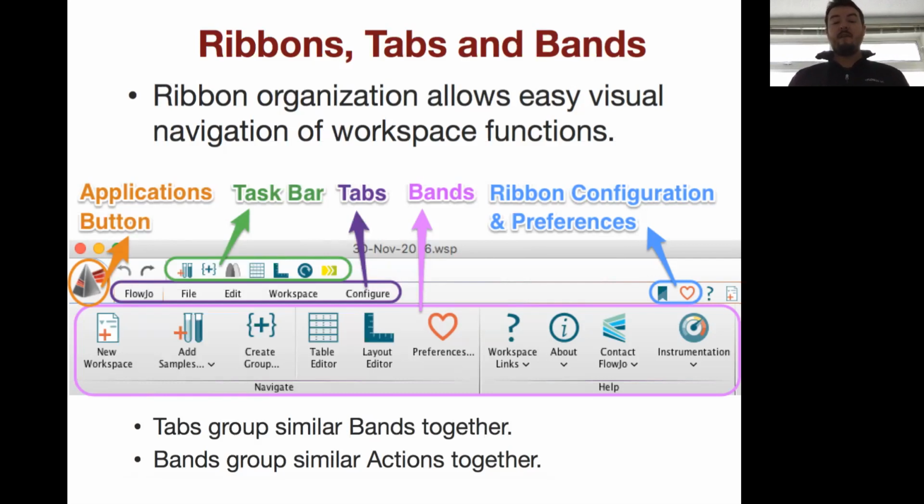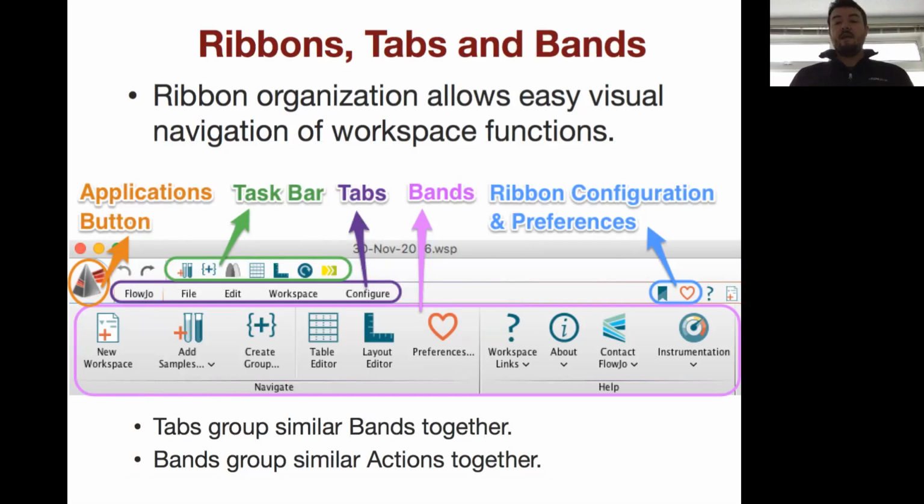So for example, in the navigate band there, we see new workspace, add samples, create group, table editor, etc. And so those are going to help you do broad actions within the workspace. The ribbon configuration window is really important if you ever want to change or reconfigure those tabs and the ribbons that they contain. The preferences is going to be more important for changing the workflow preferences and defaults within FlowJo.